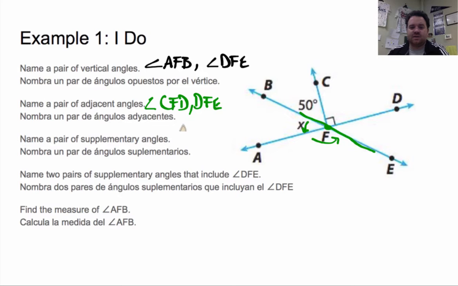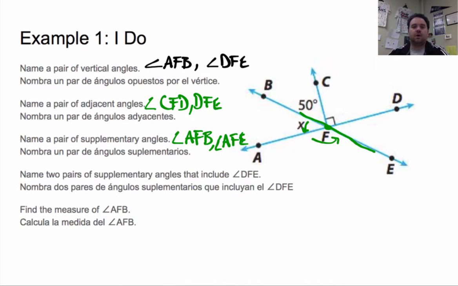Okay? So I'm going to say that supplementary angles would be angle BFA or AFB. It doesn't really matter which way you go. AFB, so here to here to here, and angle AFE. Those two angles together, should put my angle symbol in there. Those two angles together make a straight line, so they are supplementary.